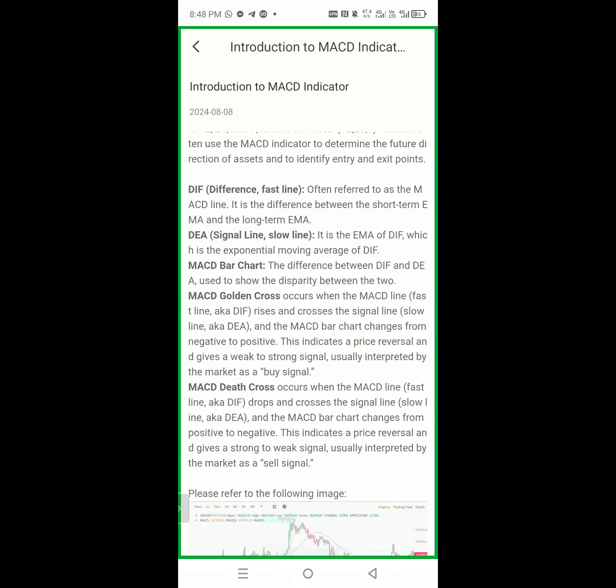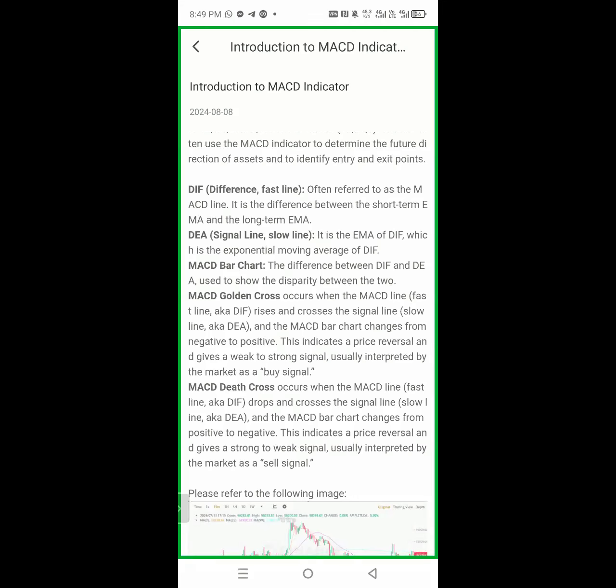So when you see the MACD line, the yellow line, rise and cross the purple line, and the MACD bar chart changes from negative to positive, it indicates that price has started reversing.